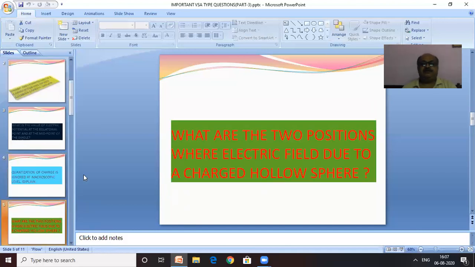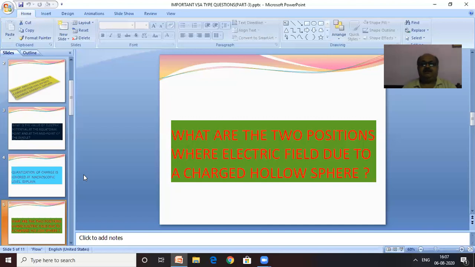Next question is, what are the two positions where the electric field due to a charged hollow sphere is 0? First is inside the charged hollow sphere, where there is no charge.